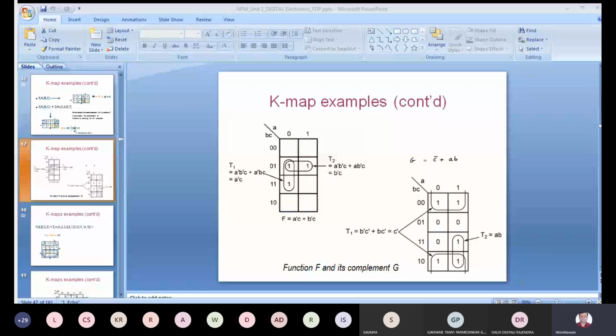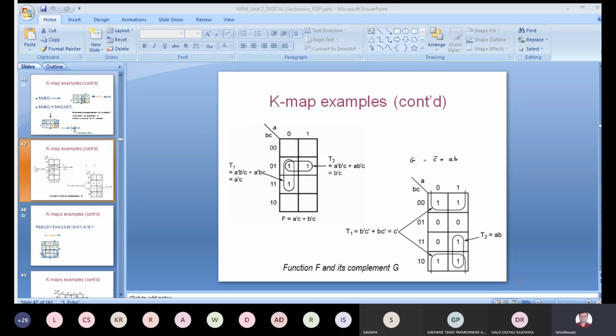Solve it. Initially we should draw the complete 4 variable K-map, where now the variables are PQRS, as given in your problem itself.